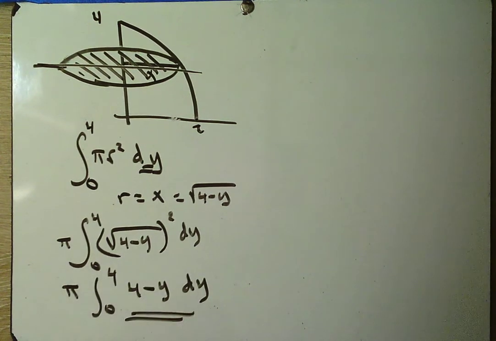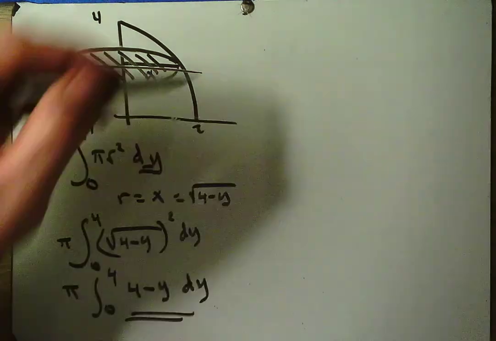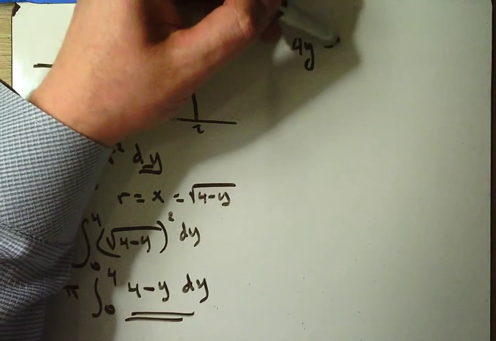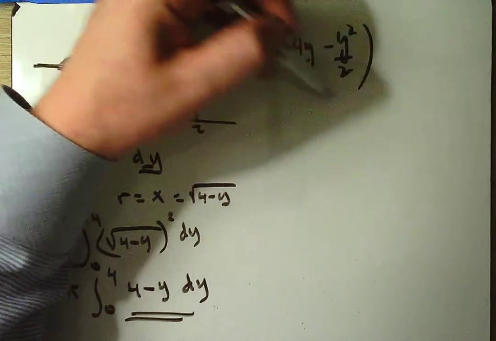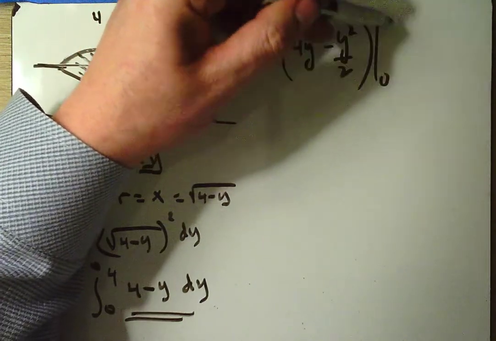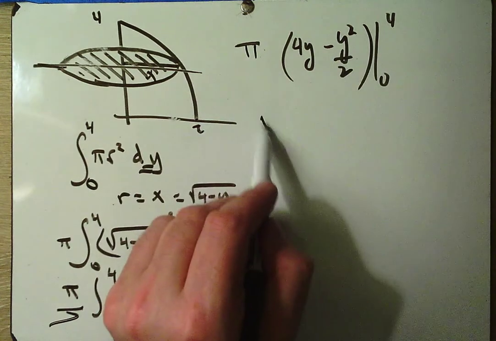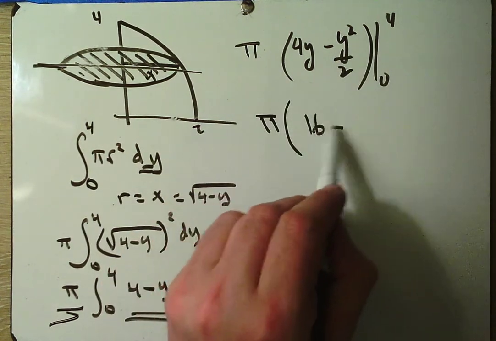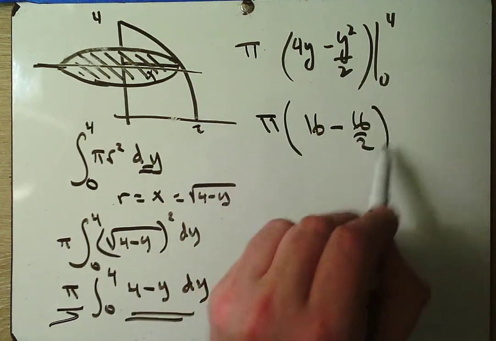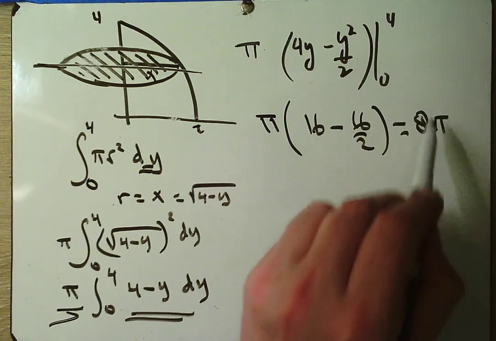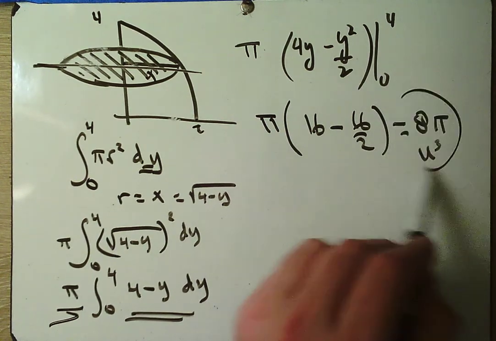Well, we've seen that movie before, haven't we? That's going to be 4y minus y squared over 2 from 0 to 4. Don't forget this pi. So pi times 16 minus 16 over 2, I have a volume of 8 pi units cubed.